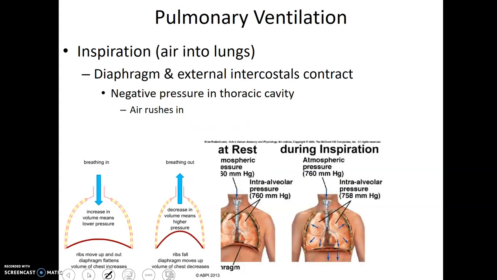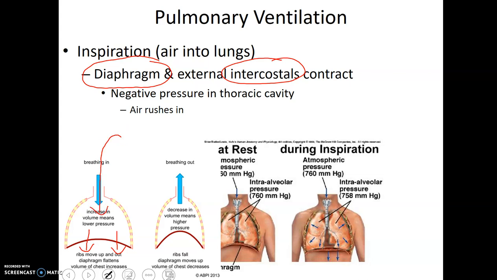We have inspiration, which means to breathe in. Remember, you have two main muscle groups here. You have what's called the diaphragm, and you have the intercostals. So when our diaphragm contracts, which means it's really going to pull down, it's going to cause air to follow it due to what we call a negative pressure.